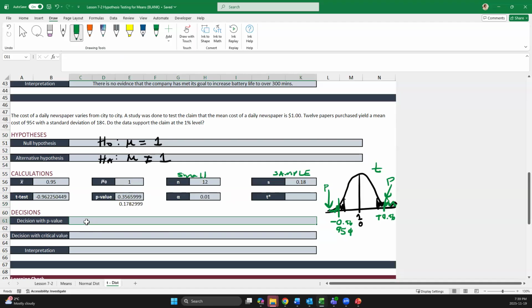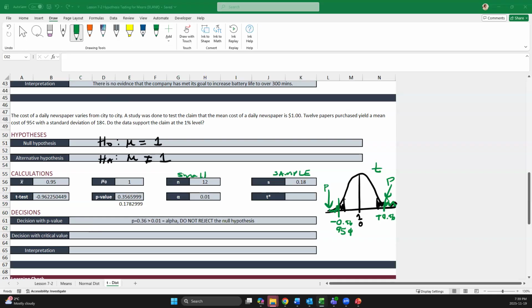But the benefit of doing it this way using the .2t is that you can directly compare your p-value to the value of alpha. 36% is way bigger than 1%, so this would be another do not reject the null, because it's too big of a p-value.